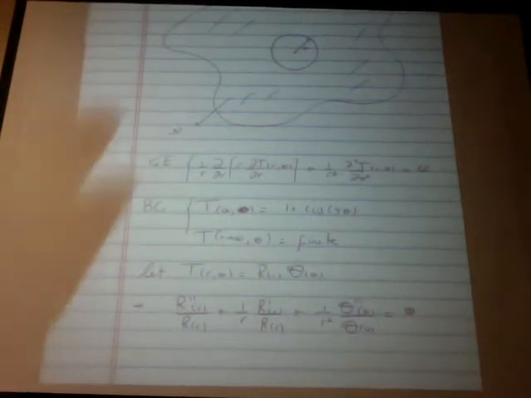Same thing we did before. Nothing changes. We're looking at a completely different problem that extends to infinity, but nothing changes. Again, the only thing that drives this problem to have a theta dependency is the fact that the boundary condition depends on theta. Otherwise, this problem would be theta independent on the entirety of the domain.